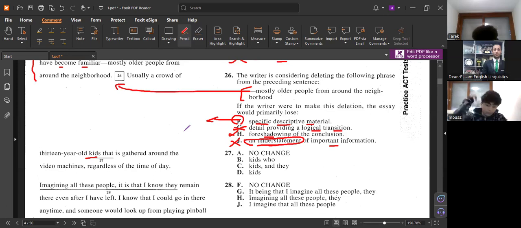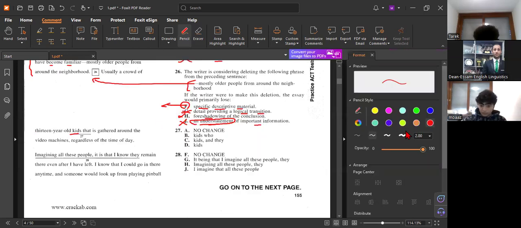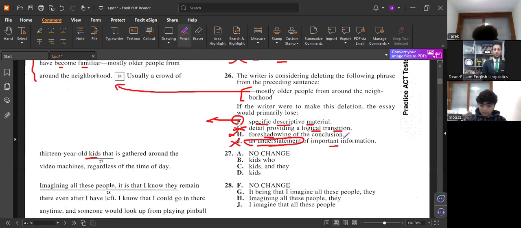Now let's go to 27. Muaz, what's yours? For 27, I put D. 27, letter D, correct. Look, shorter is better here. But wait, we need to check the meaning. Is letter D correct meaningfully?